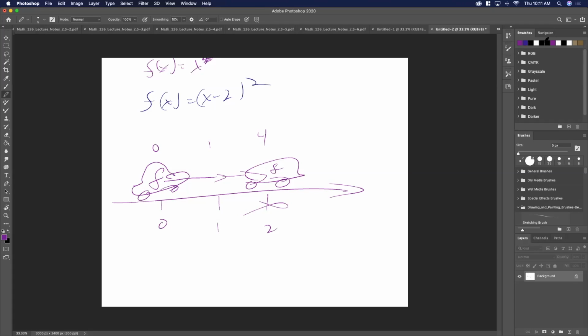So when that function's here at 2, the same car would look like it's at 0. This would be my g. Let me make this g of x. It looks like it's at 0 as it's traveling through, so it's behind, and that's why it moves to the right.